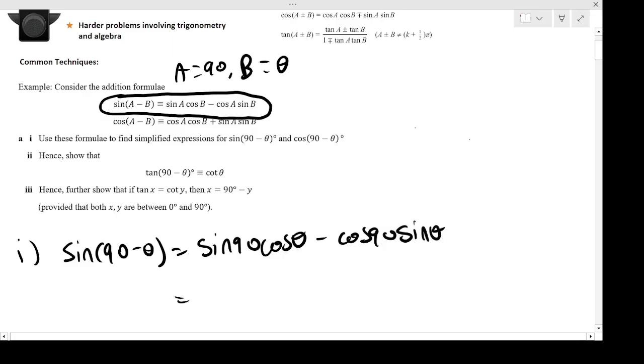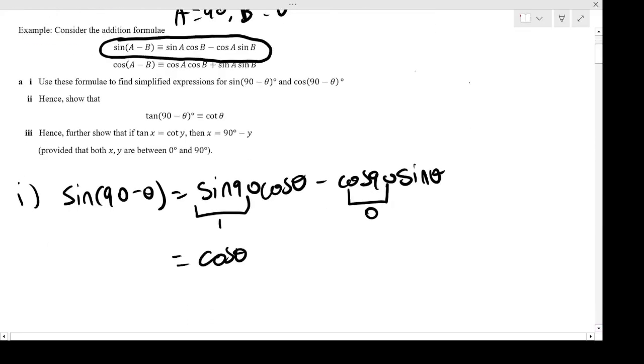To simplify, we can evaluate sine and cos 90. Sine 90 goes to 1 and cos 90 goes to 0. So it goes to cos theta, take away 0, or we just get cos theta on its own. So sine of 90 take away theta quite nicely just goes to cos theta.